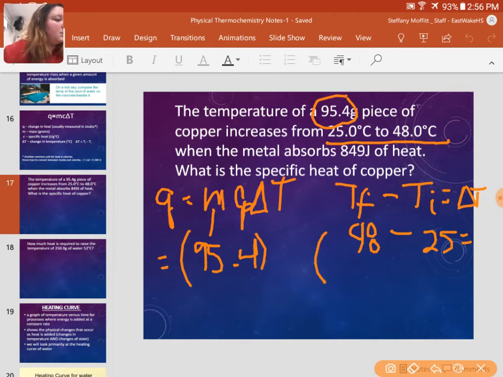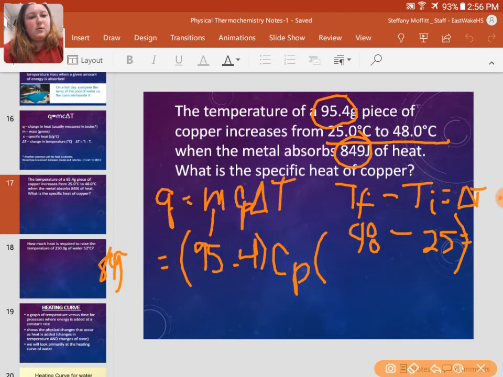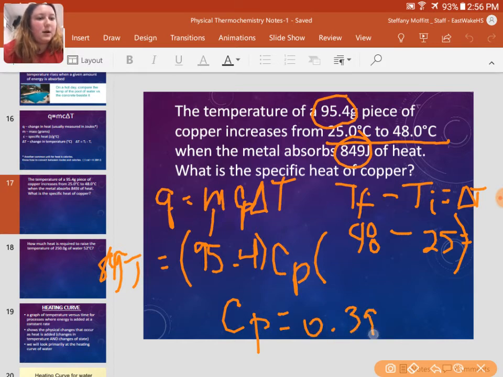Oh, I didn't calculate it. I just put it in there. So we'll just do that. And then our C sub P is what we're looking for. And Q is actually this 849 joules. So if we do our math, C sub P is going to come out to 0.39 joules per gram degree Celsius.